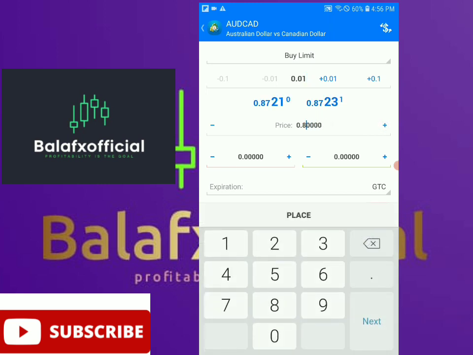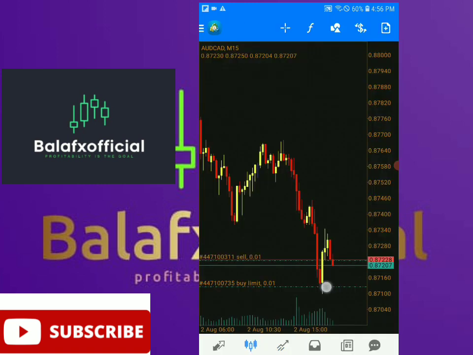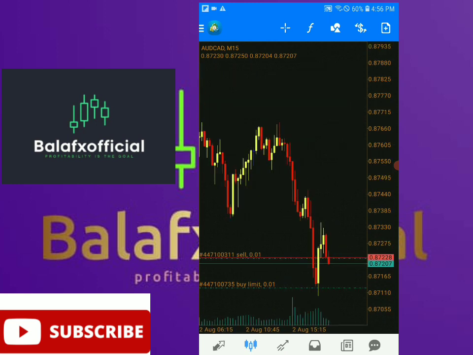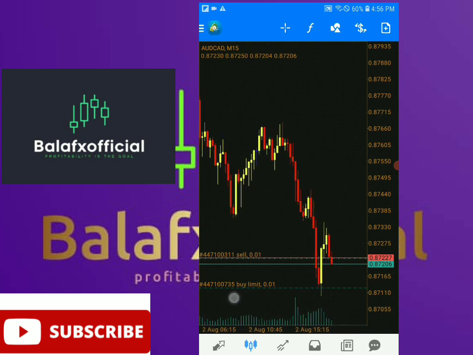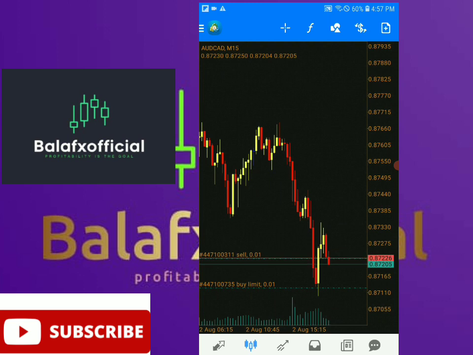Then I'll write that price, 0.87126, and place it. Look at the price, this is the buy limit. So whenever the market price reaches here, I will buy, even though I'm not in the market or I'm away doing something outside. So this is what buy limit means. I'm buying from this price upward. That is what a buy limit is.